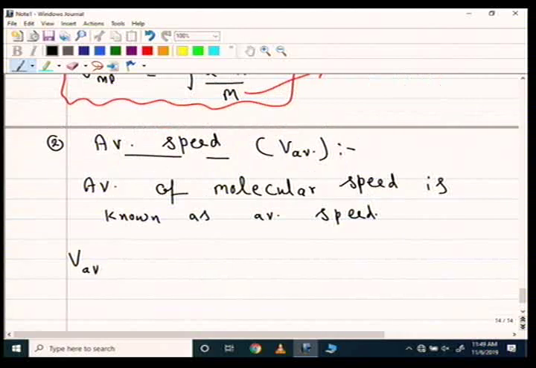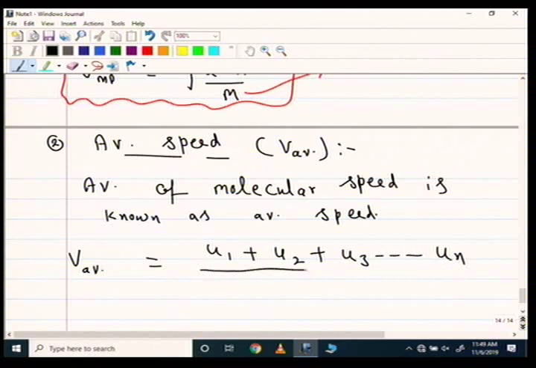Simply, if we want to calculate the average, I hope everybody knows how to calculate the average: U1, U2, U3 up to UN. Whatever different speeds are available to us, just add them and divide by the number of different speeds. We'll get the average.